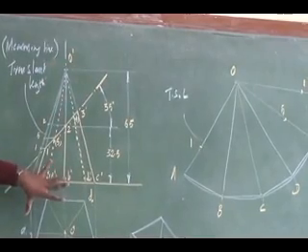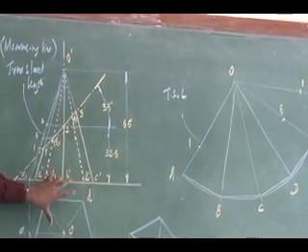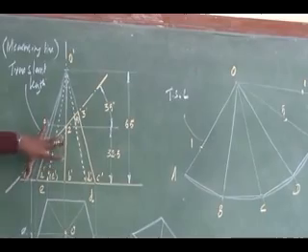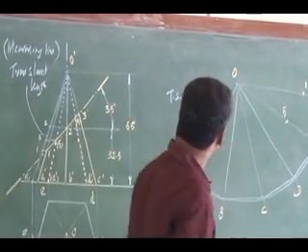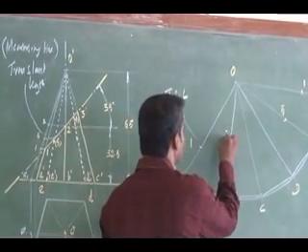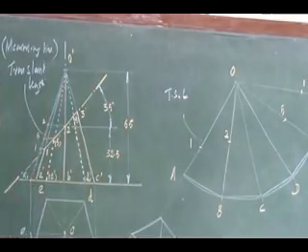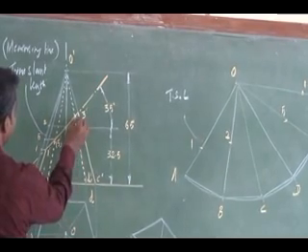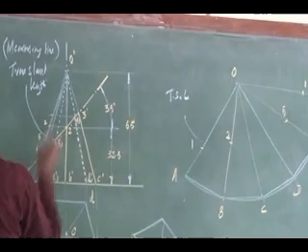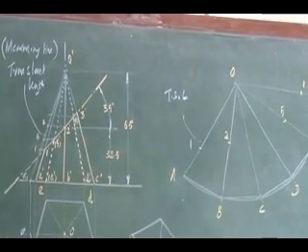Cutting point 2 is on which slant edge? OB, right? Measure that, transfer it to OB. So this is my cutting point 2. Then cutting point 4, project it to the measuring line. That is my 4.